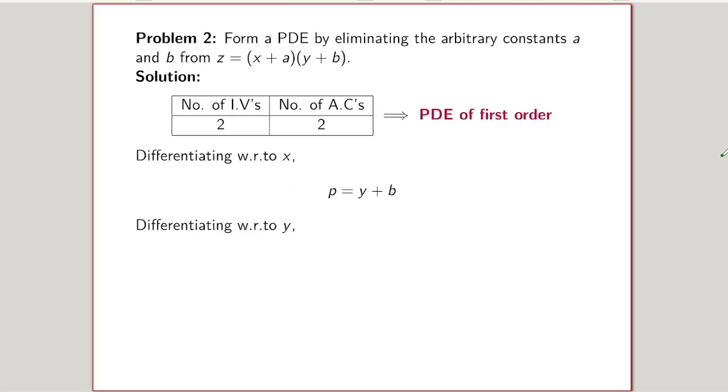Now differentiating with respect to y, we get dou z by dou y equal to x plus a, which implies q is equal to x plus a. Now the required PDE is obtained by substituting q instead of x plus a and p instead of y plus b. So this can be written as z is equal to p into q, which is the required PDE.